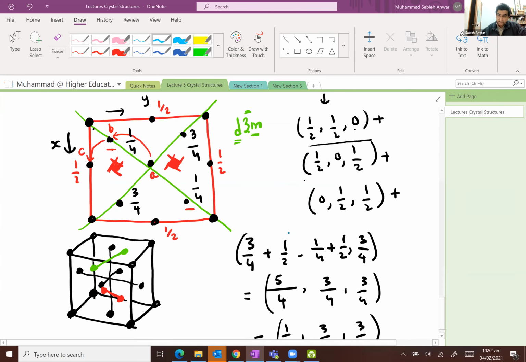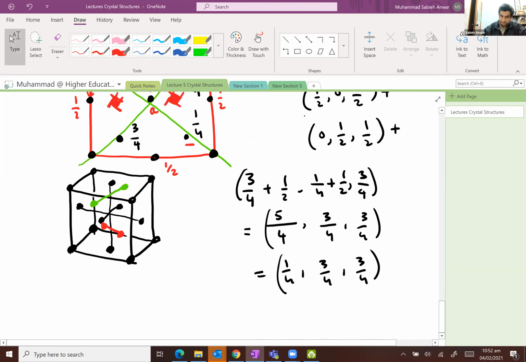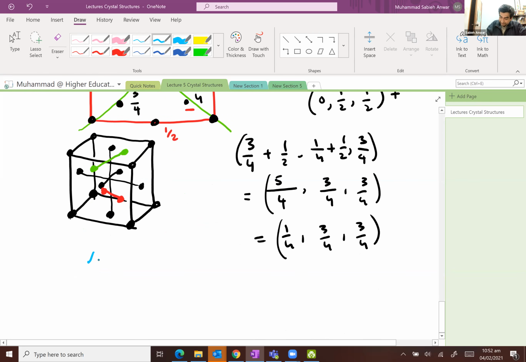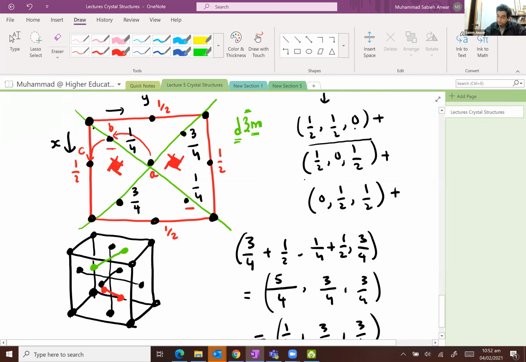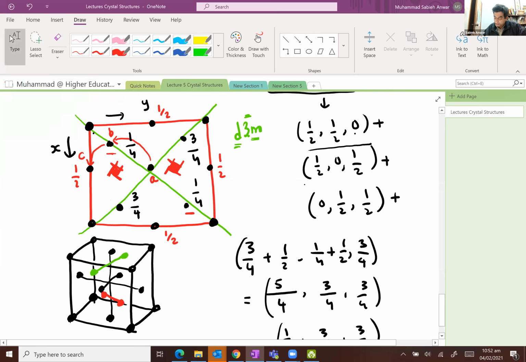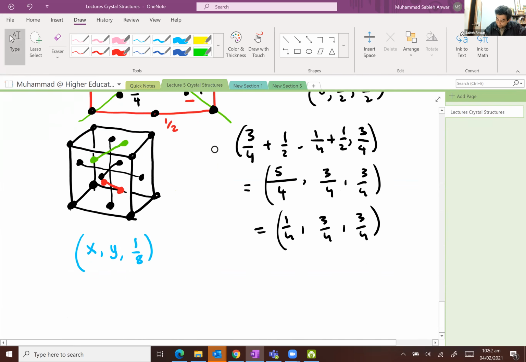And let me first draw the glide plane. So there's a glide plane at x, y 1 by 8. So there is a glide plane parallel to this picture that I've drawn, but at a height of 1 by 8. So there's a glide plane over here.